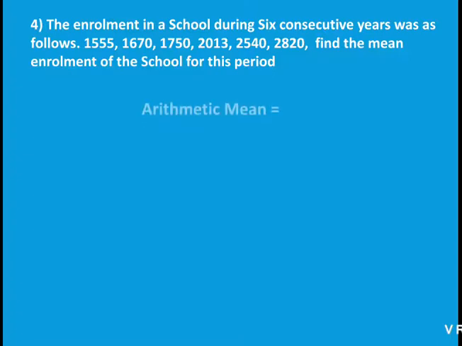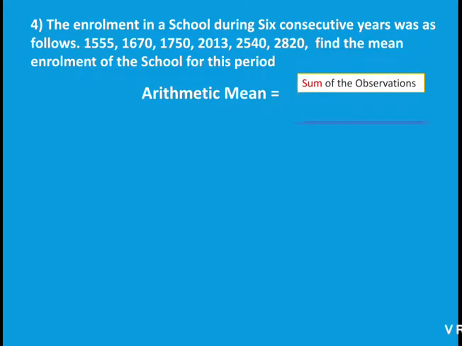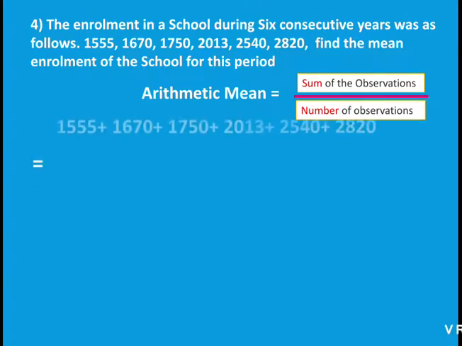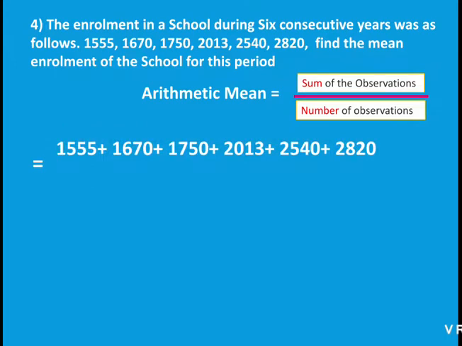We find the mean by using this equation: sum of the observations divided by number of observations. Sum of the observations, we add the whole numbers: 5055 plus etc., then 2820. Divided by total how many years here?